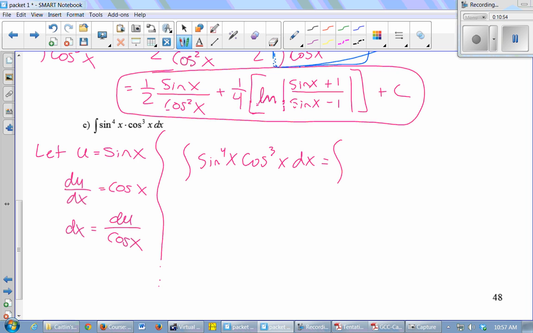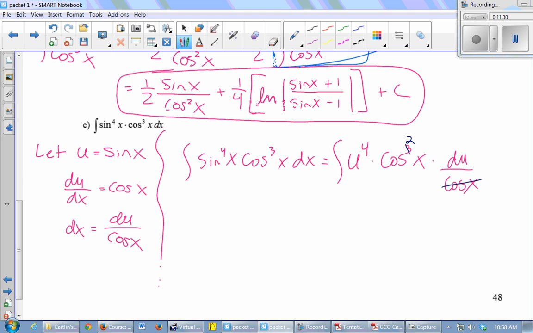So this is going to be the integral of u to the 4th times cosine cubed x times dx, which is du over cosine x. So now we simplify and cancel, and my goal is to have only u's remain, right? So I can cancel the cosine x in the denominator with one of my cosine x's from the numerator. And now I have u to the 4th times cosine squared x du.